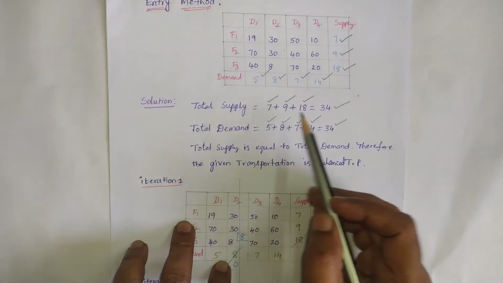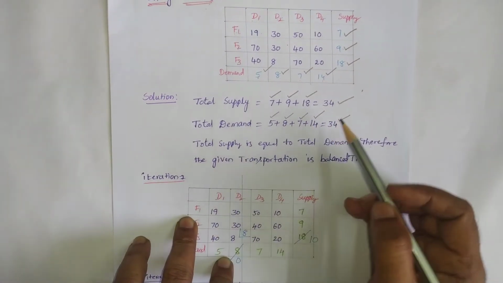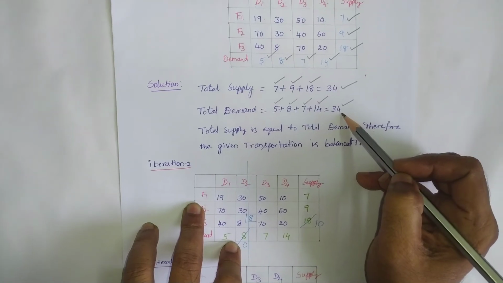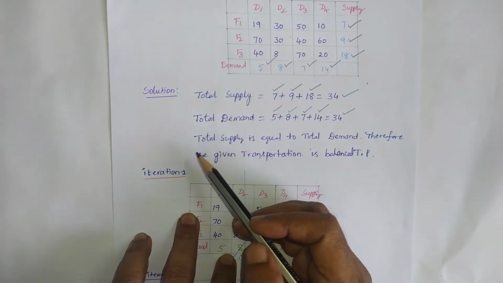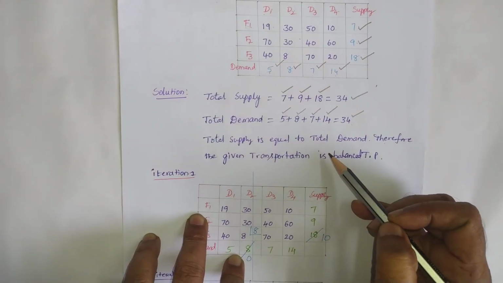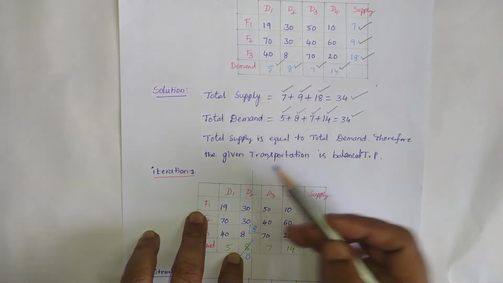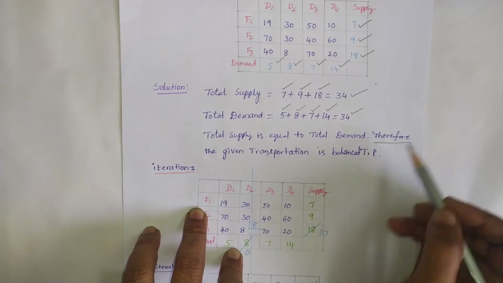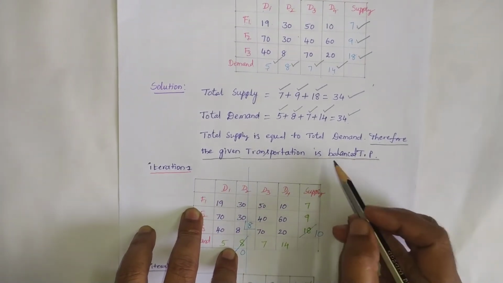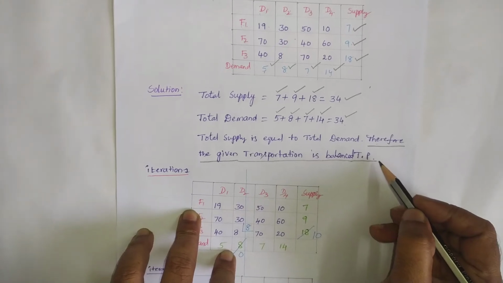Here total supply is equal to total demand because 34 equals 34. Therefore, the given transportation problem is a balanced transportation problem.